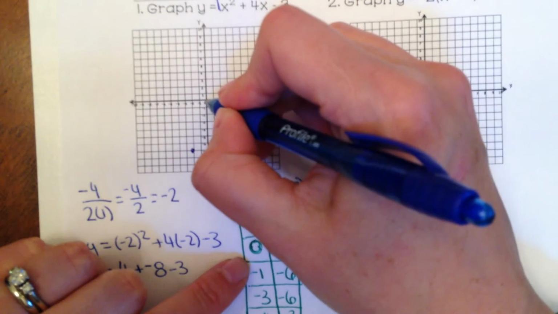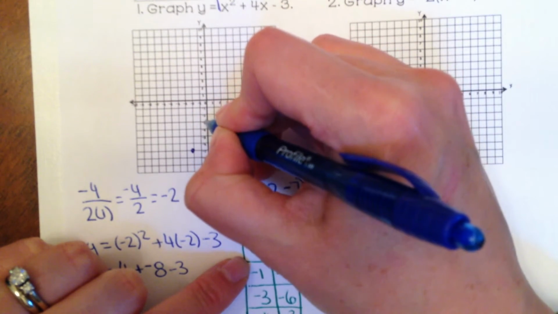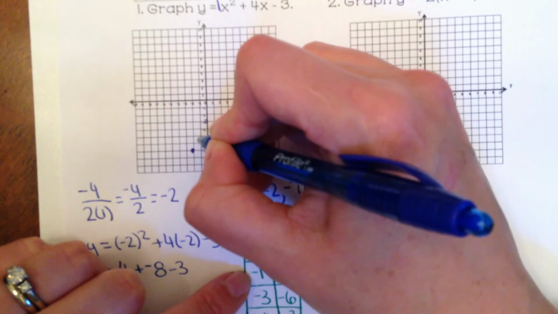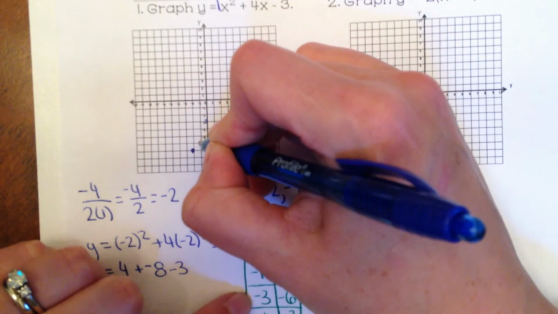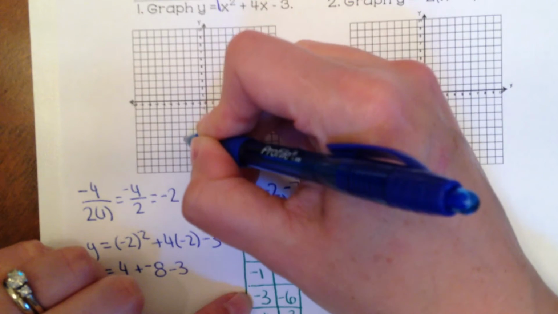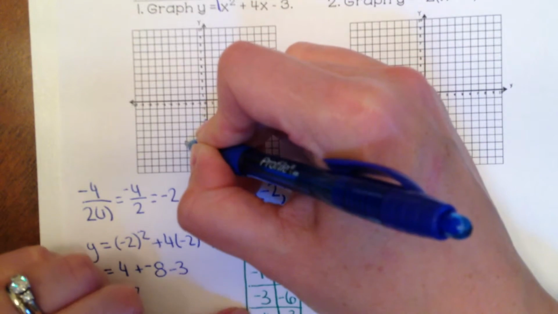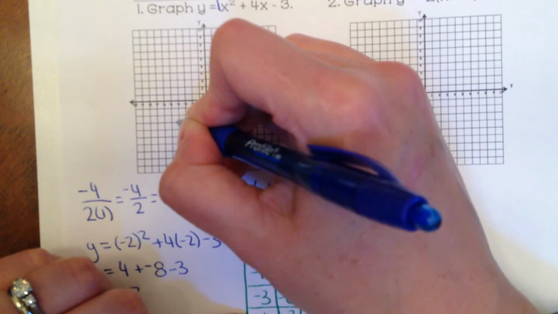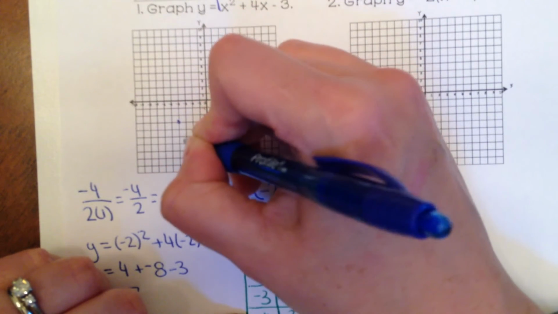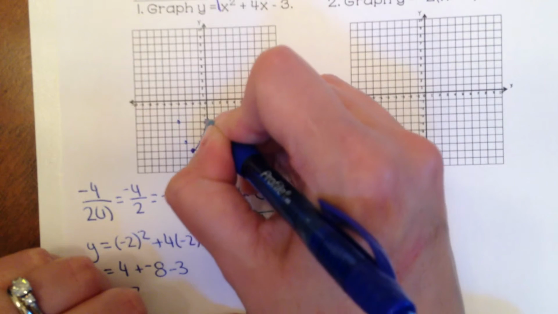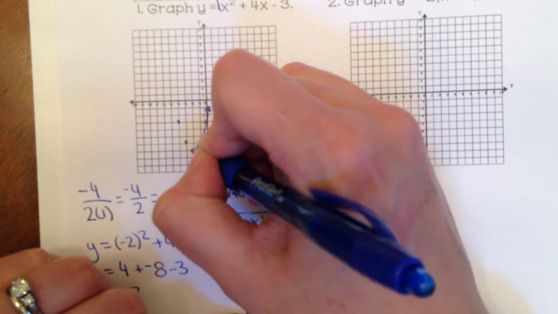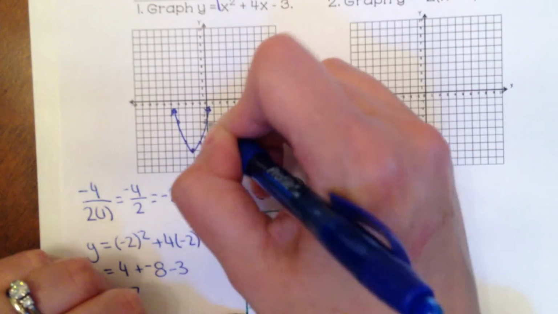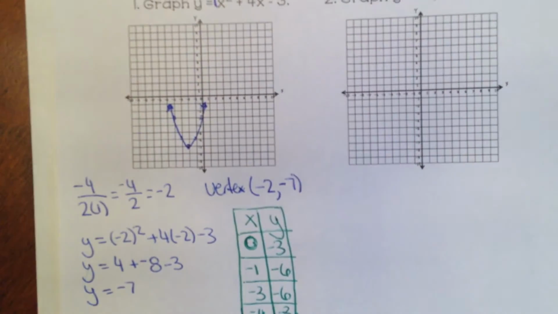When x is 0, y is -3. When x is -1, y is -6. When x is -3, y is -6. And when x is -4, y is -3. Okay, and connect your points. And you can see the direction the graph is going in. It's going to continue going up. If you want to pick a few more points, you can.